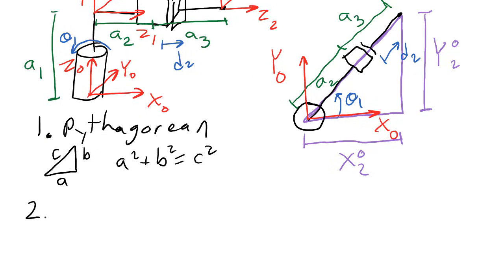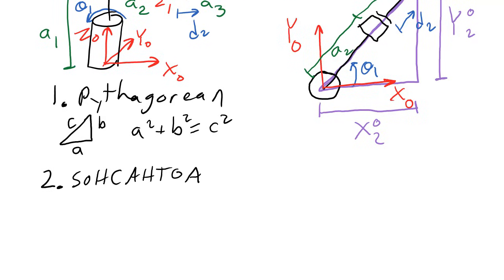The second triangle relationship that will be useful is SOHCAHTOA. SOHCAHTOA is the acronym that many of us learned in high school or grade school that helps us remember the sine, cosine, and tangent relationships. For example, if we have a triangle like this, and we call the sides A and B, and this angle is theta, we know that the sine of theta is the opposite over the hypotenuse.